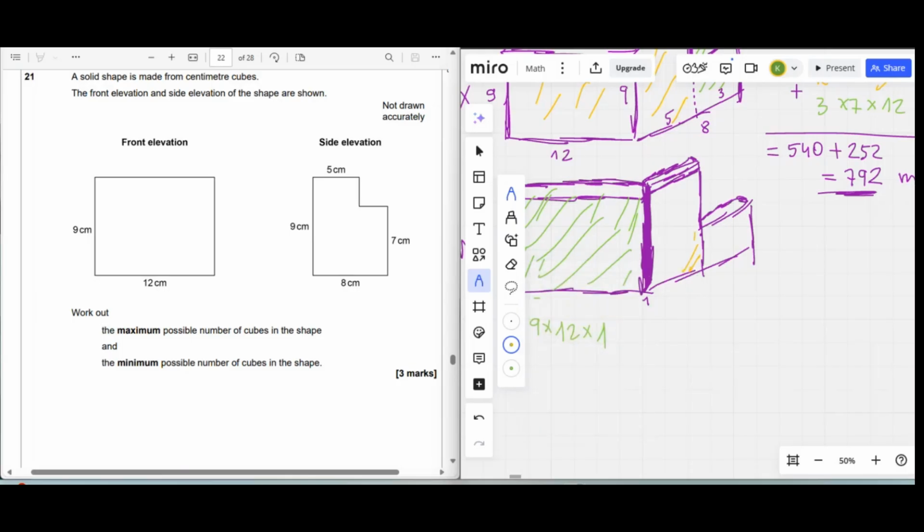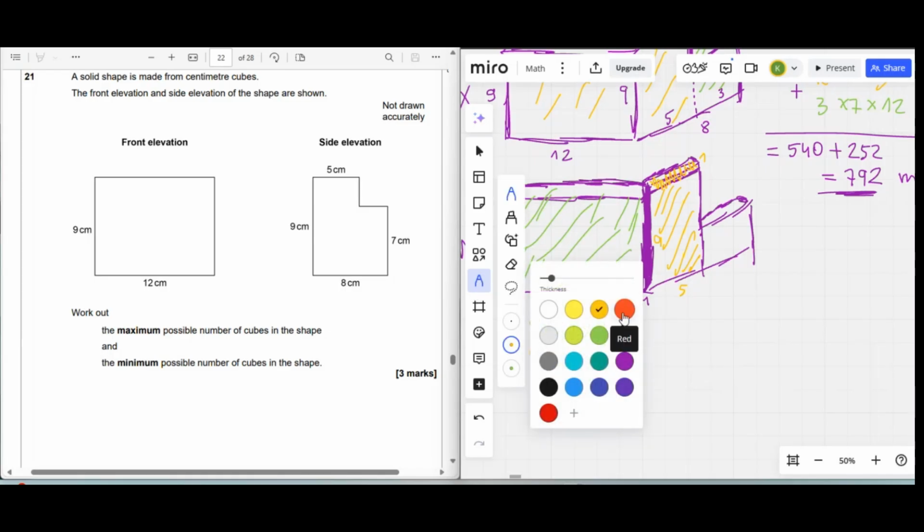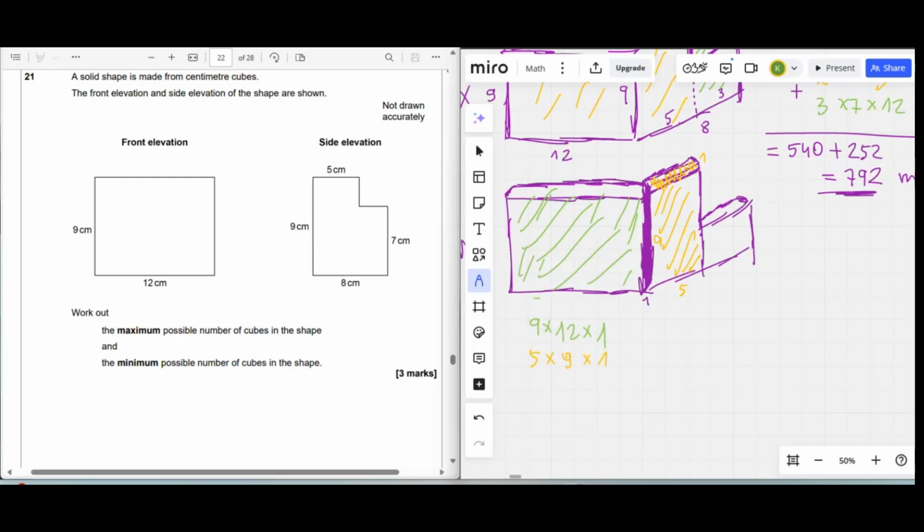Second part will be that bit, which has 5 there and 9 there. 5 times 9, and again times 1, because here is just 1. And the last bit will be 3, 7, and then 1 again. 3 times 7 times 1.